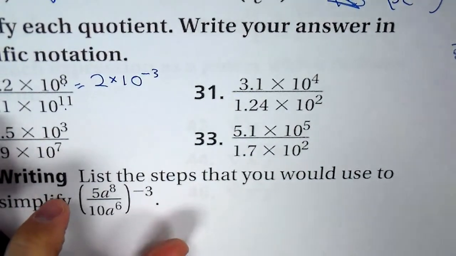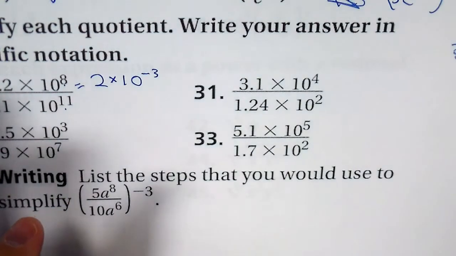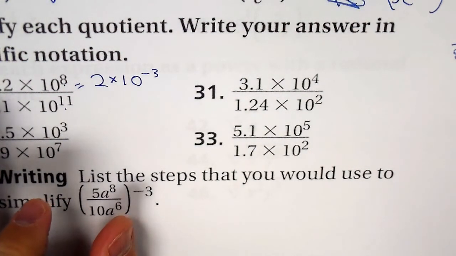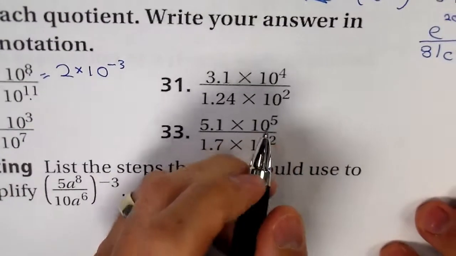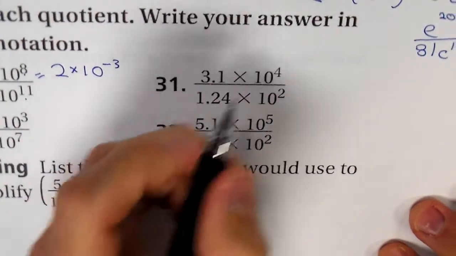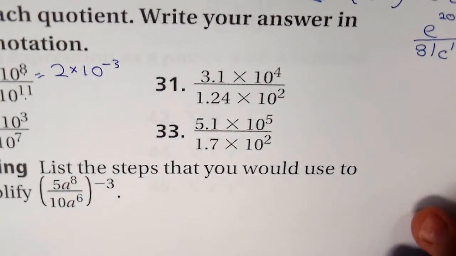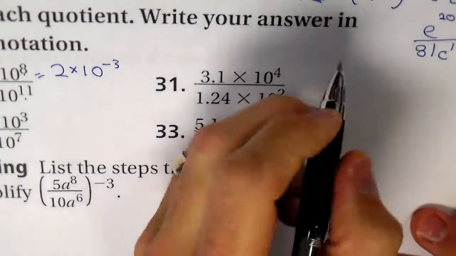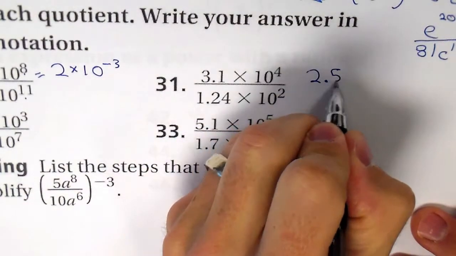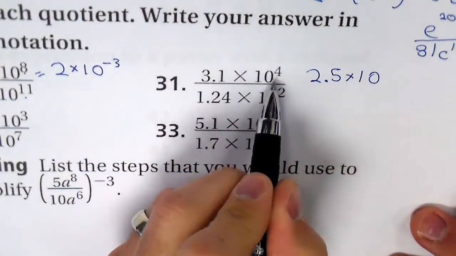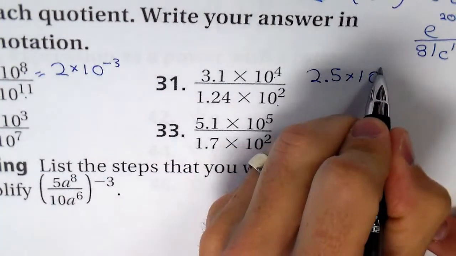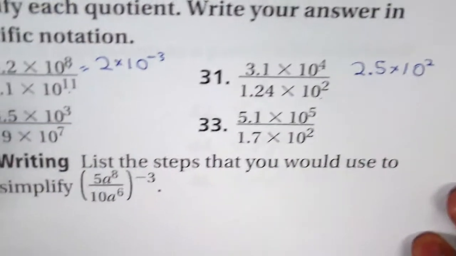For 31, I'm going to do 3.1 divided by 1.24 and I get 2.5, and then it's going to be 4 minus 2, which is 2, so I'd say 2.5 times 10 squared.